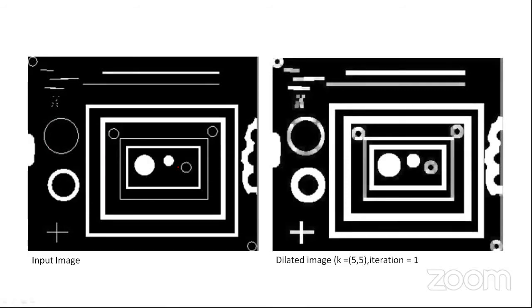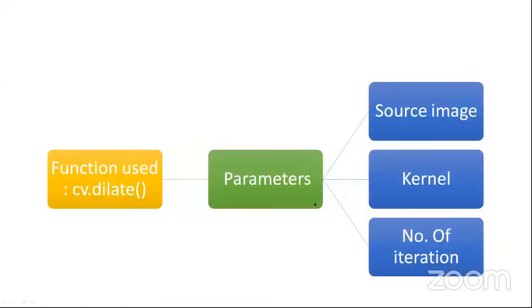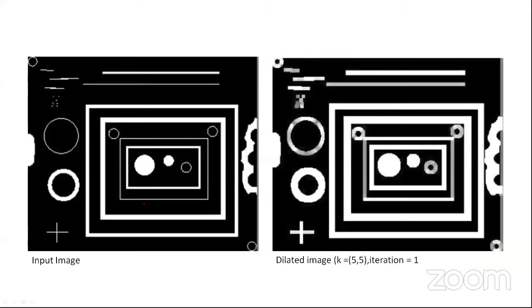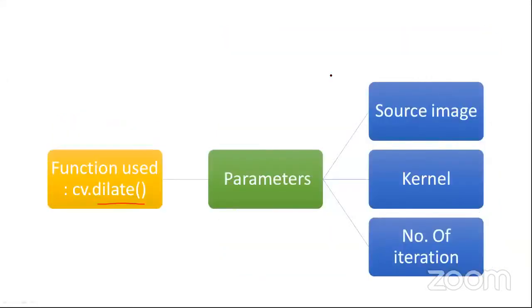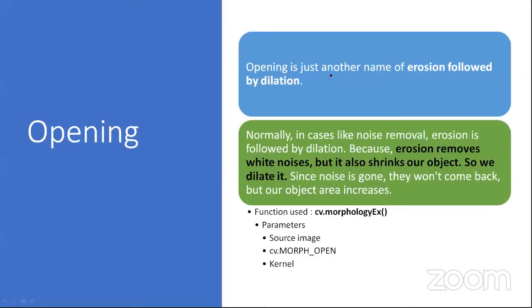Suppose you have a black noise like these here, and you want to emphasize more on it, so you can use dilation. So it's just the same as erosion, but it's the opposite of it. So the function which we will use is dilate, and we will dilate the image. The kernel will be the same, but the thing is, if all the pixel values under the kernel are 1, then it is considered as 0, otherwise it is considered as 1. So that's the same thing.